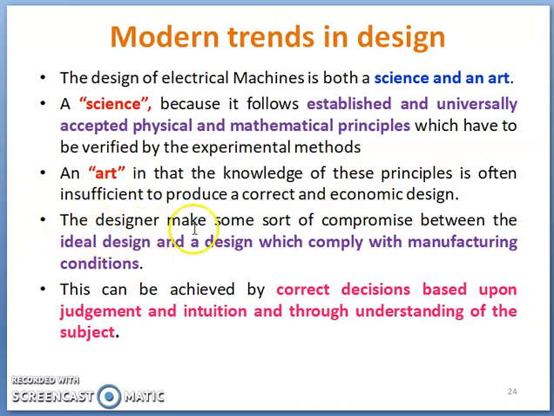That's why the designer makes some compromise between the ideal design and a design which complies with manufacturing conditions. How to achieve this? This can be achieved by correct decisions based upon judgment, intuition and thorough understanding of the subject. Hence, design of an electrical machine involves both science as well as art.